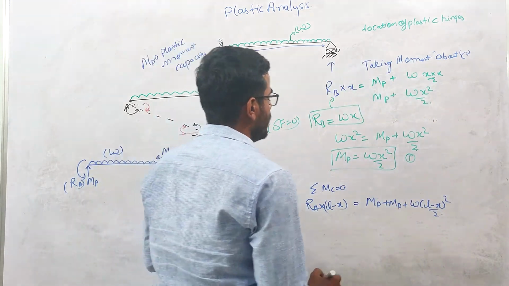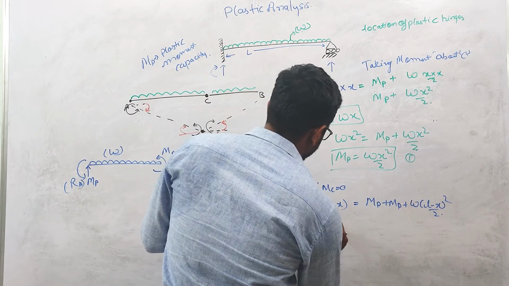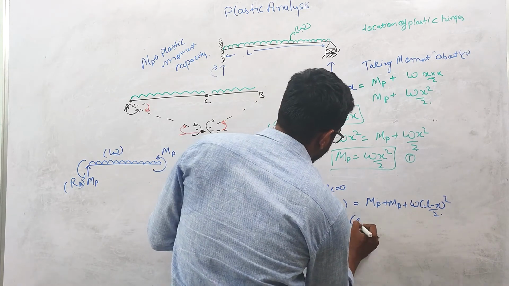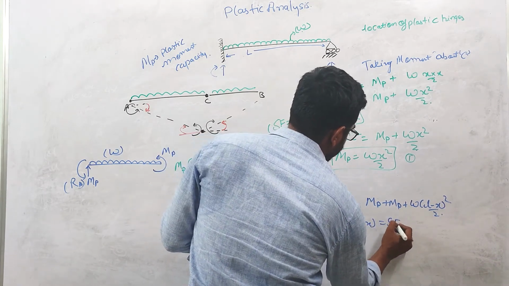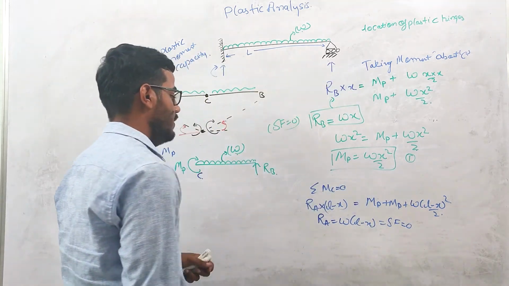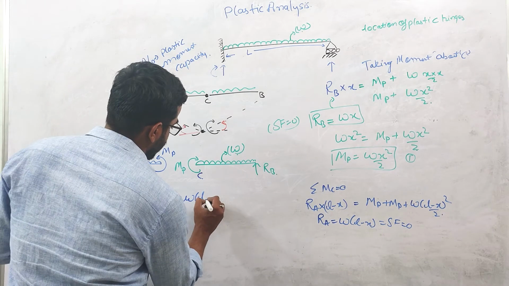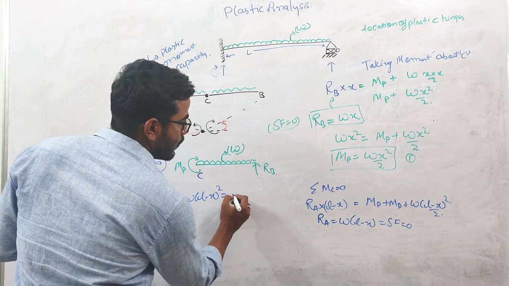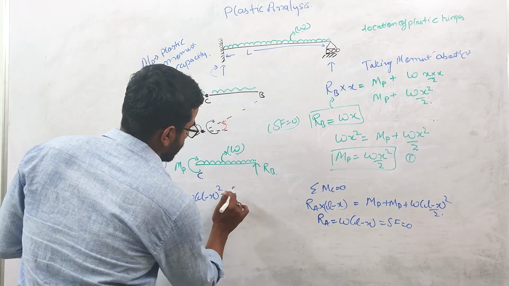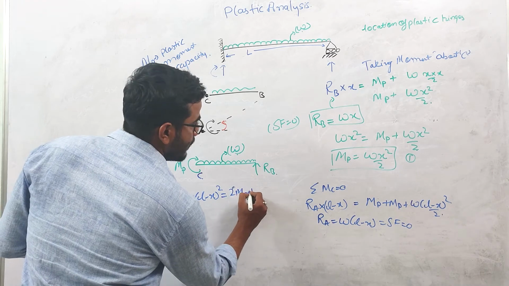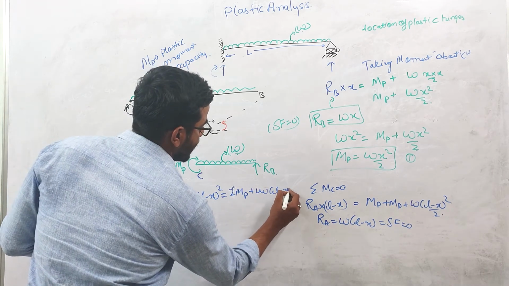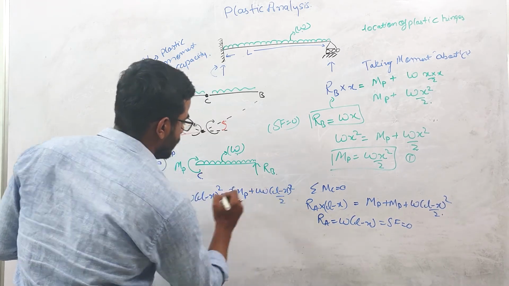Again, shear force will be 0 at this point C, so I can write RA equals W into (L minus X). So this equation will be W into (L minus X) whole square equals 2MP plus W into (L minus X) whole square over 2, right.